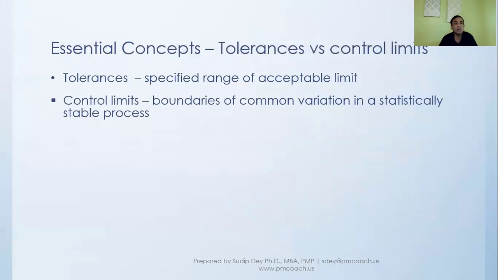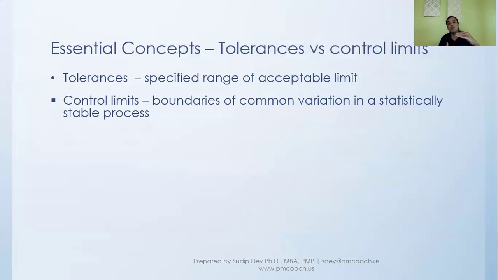Compared to that, control limits are boundaries of common variation in a statistically stable process. What it really means is, let's say a process is running and we are looking at what should be the time, and you put a control limit. It should be within this range. The process is going on and generating the product within a particular time.